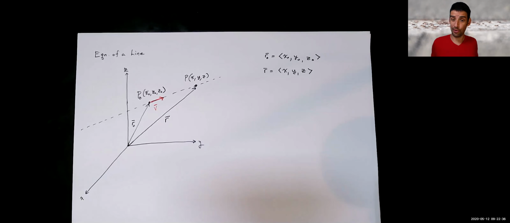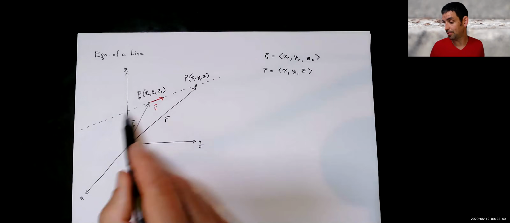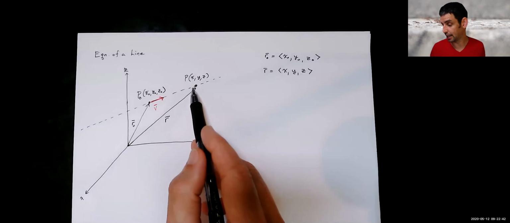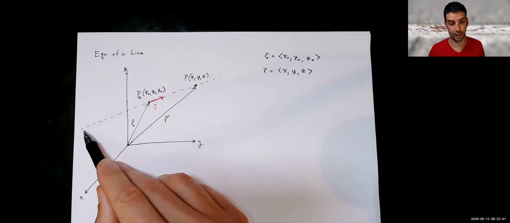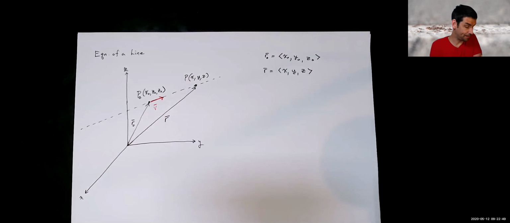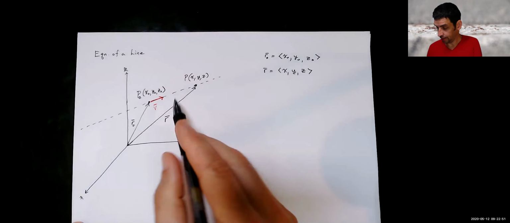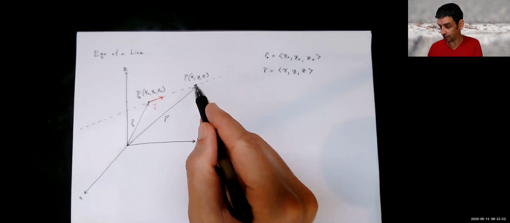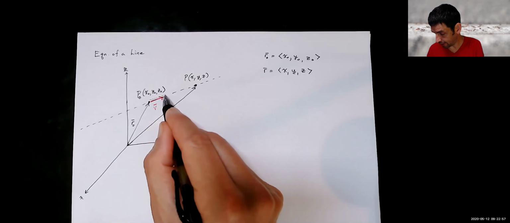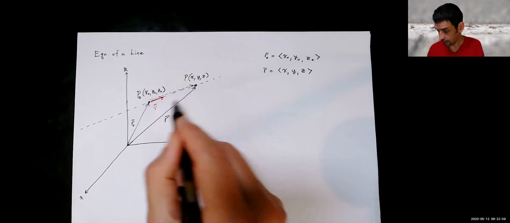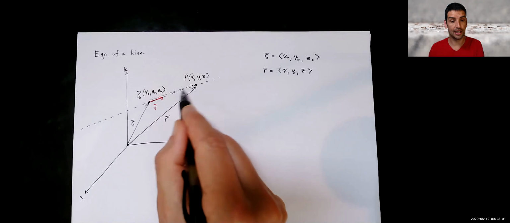What I want right now is a vector equation that describes every point on that line, meaning I can somehow change the equation to describe this point, or this point over here, this point over here, anywhere along this line. So if we look at this picture, how do I get from r naught to this point? I have to add a vector along the line.